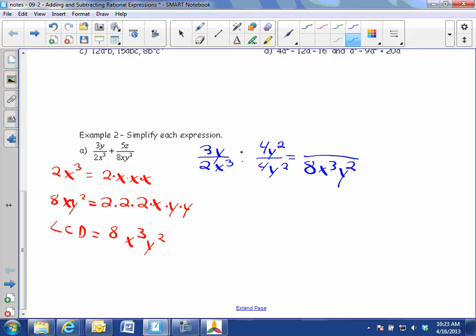No. What we're doing is we're saying, okay, 2 times what gets us 8? Well, 4. And then we've already got x to the third, so we don't want to take any more x's. But we have to get a y squared, so we can take it times y squared. So then 3 times 4 gets us 12. Y times y squared is y to the third. So that's our first fraction. Okay, now let's do our next one.